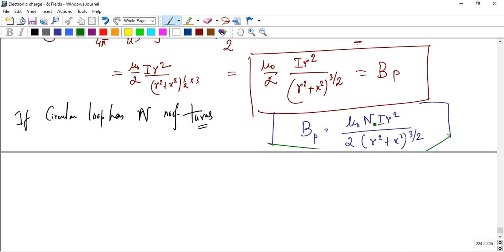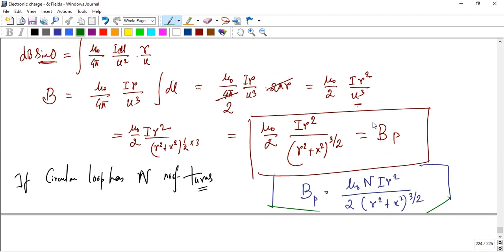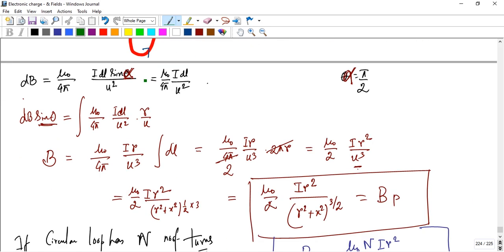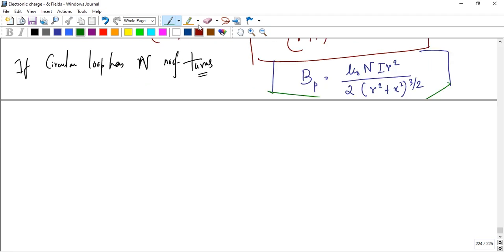Now here we apply some condition. Suppose x equals 0. If x equals 0, that means point P is now at the center of the circular conductor. Then the magnetic field at P turns into BC, the center of the circular conductor.